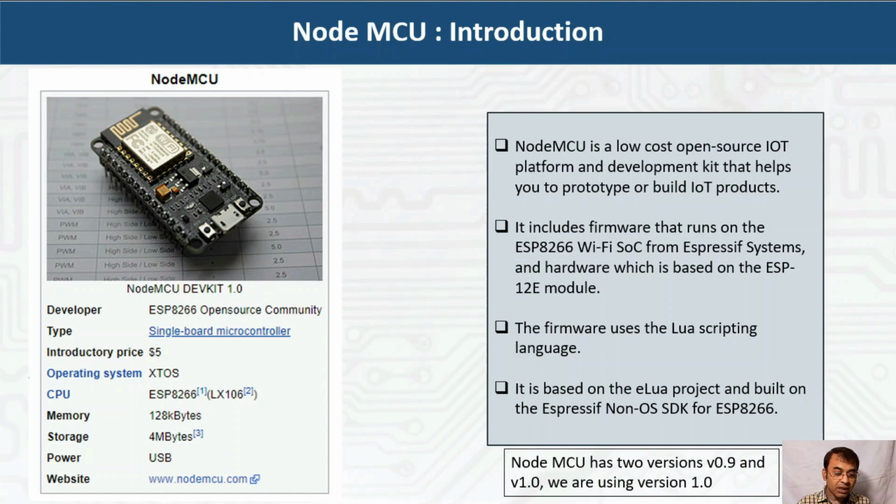The firmware uses the Lua scripting language, that is, code is written in Lua language. It is based on the eLua project and built on the ESP non-OS SDK for ESP8266. NodeMCU has two versions, version 0.9 and version 1.0. We are using version 1.0.